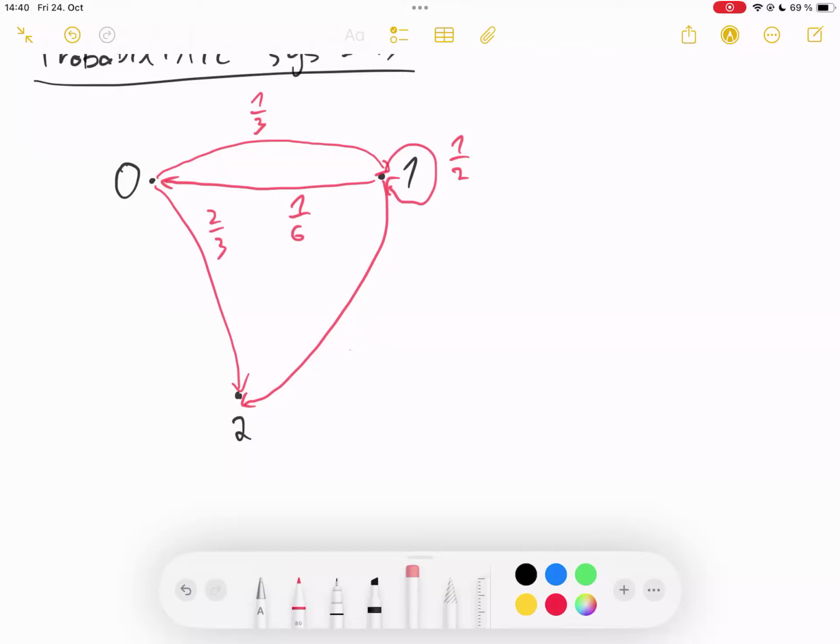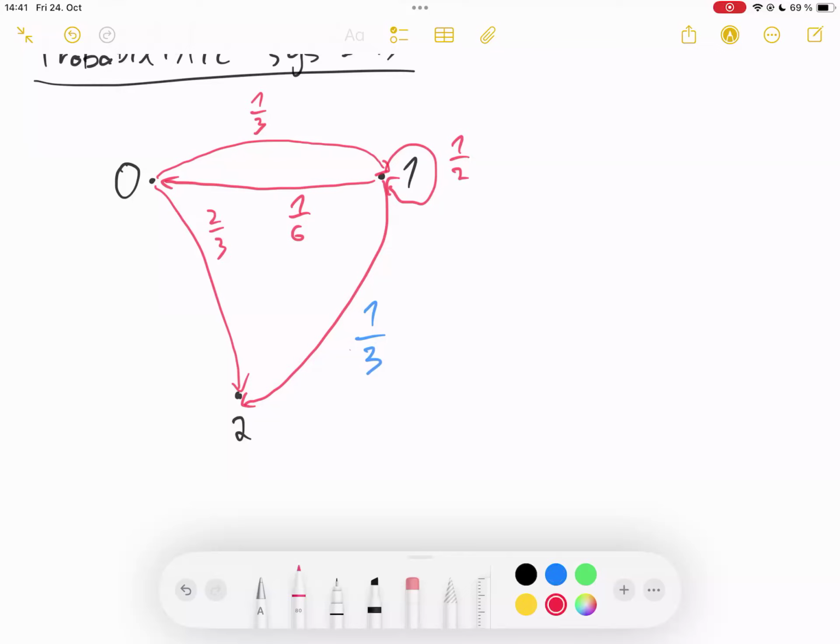So this one here, I'm just putting it in a different color. In the slides, we have a half. Sorry again, I just looked at it wrong. It's a third. It's correct in the slide, so it's a third.